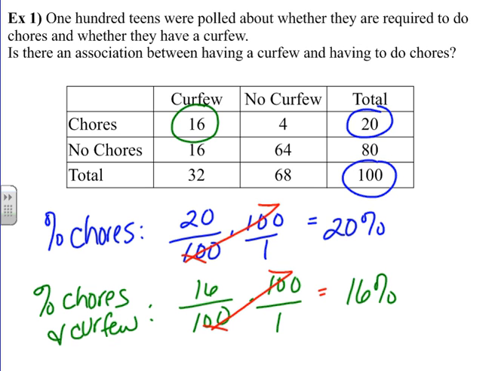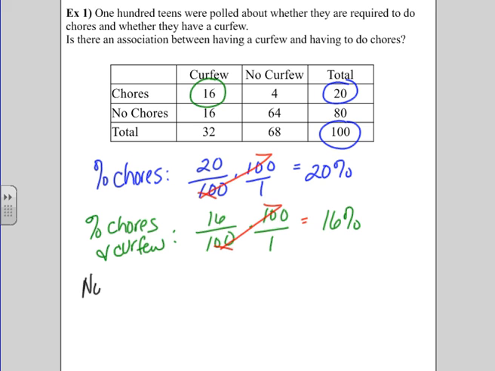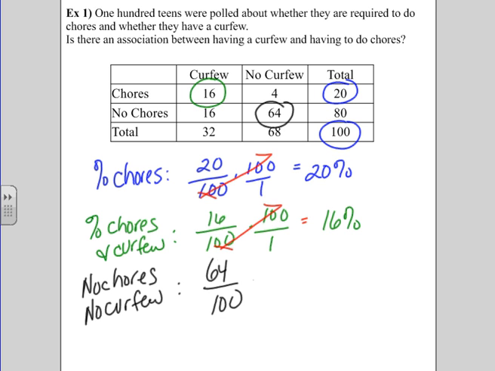But I think probably some people will notice there is an interesting trend going on up here. Let's take a look at those people who have no chores and no curfew amongst young people, or teens as it was looked at. So no chores and no curfew right here was 64 out of 100. Again, to find our percentage, we'd multiply times 100.